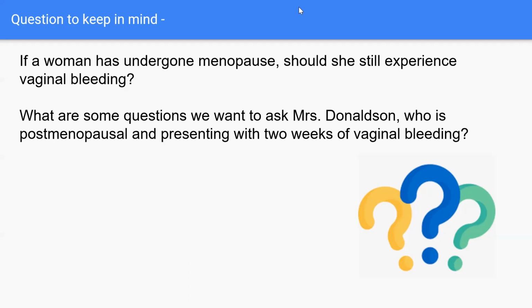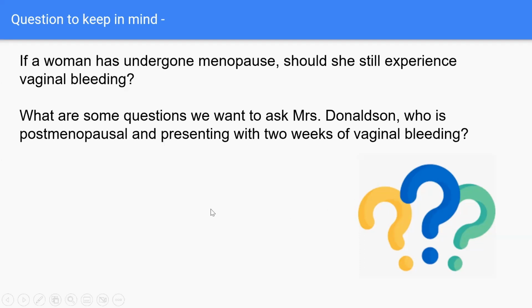Yes, last pap smear. Yes, wonderful. So cervical cancer screening, super, super important. Cervical cancer is preventable if we have screening, right? And so even though she's postmenopausal, she's still at that age where she should be getting screening. So yeah, great things that you guys are thinking about.